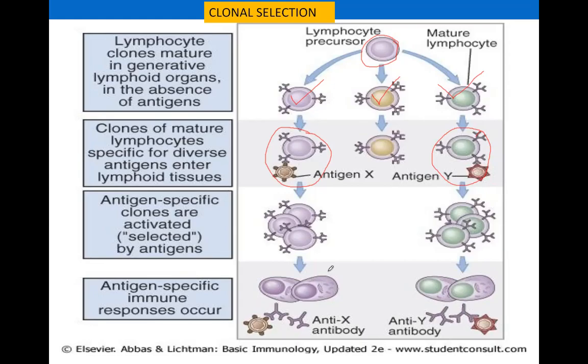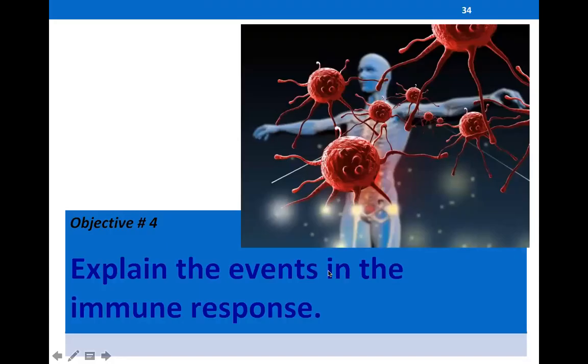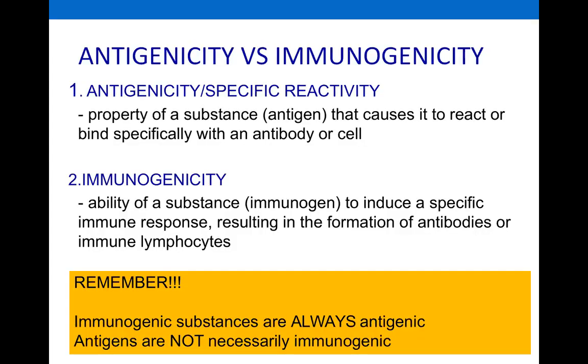Okay. All right. So now let's explain the events in immune response in immunochemistry. But first, let's define some terms. We have antigenicity or your specific reactivity and immunogenicity. As we all know, the words antigen, antibody, immune system are very common right now because of the COVID-19 global pandemic.